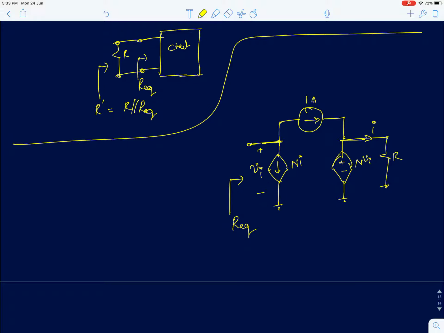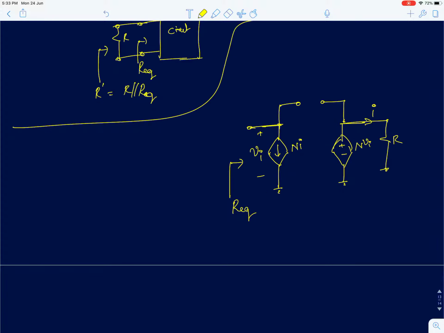First, this is a dependent current source. So we make the dependent current source go to 0, independent current source go to 0. So you open these 2 points.